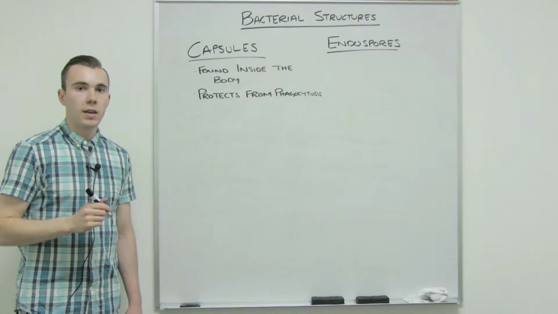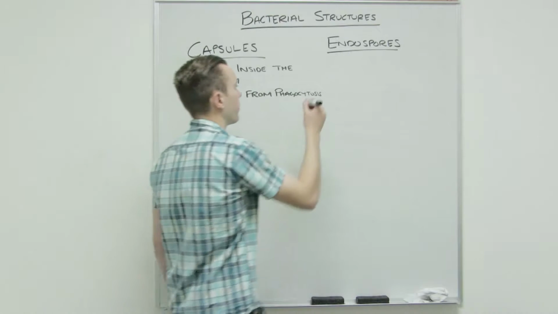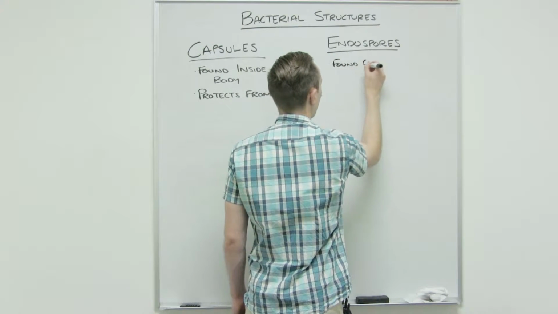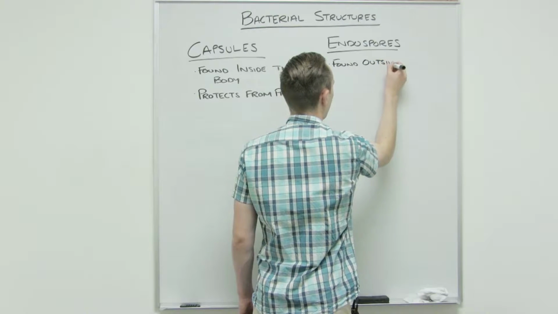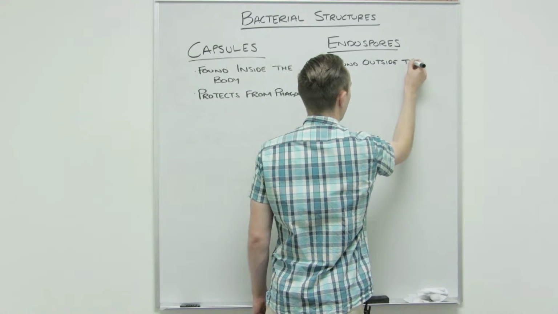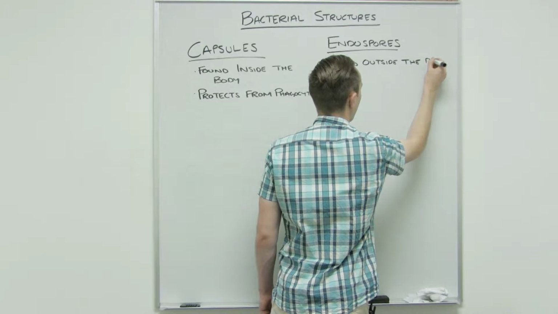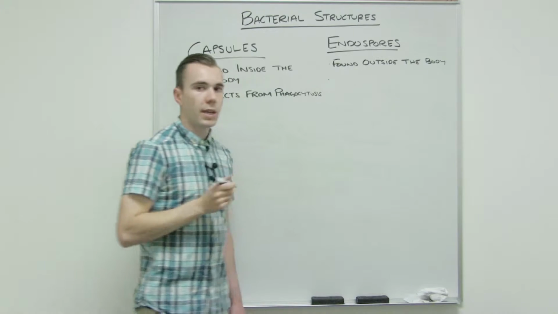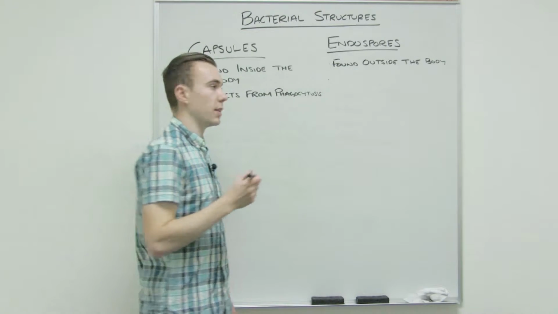Endospores, on the other hand, are found outside of the body. And they're used to protect against harsh environments.